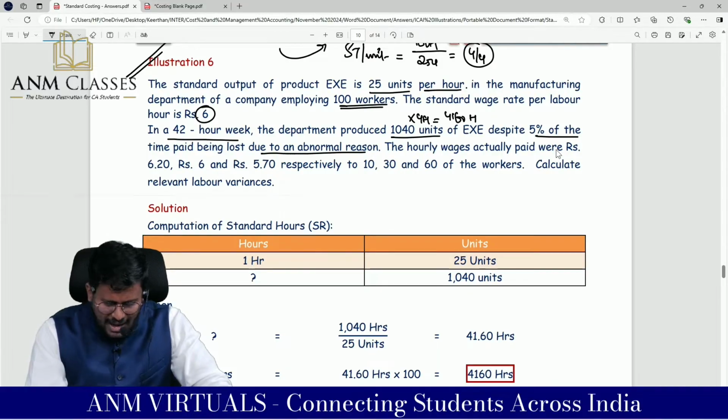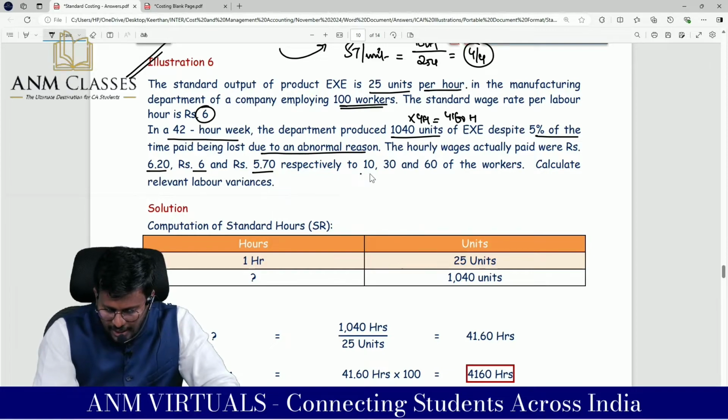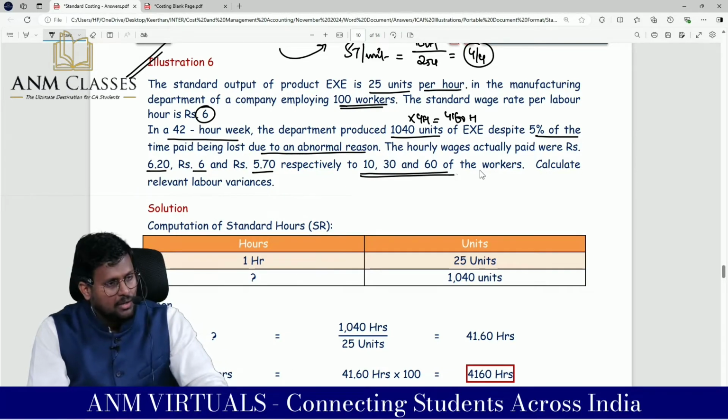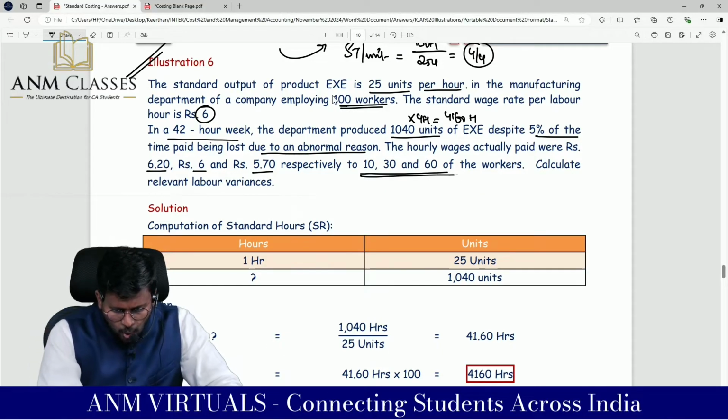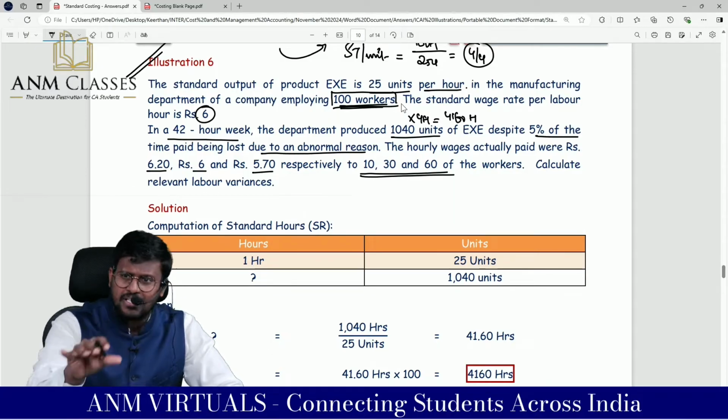The hourly actual rates paid were 6.2, 6, 5.72, with 10, 30 and 60 workers in the first one. 10 plus 30 is 40, plus 60. Total how many workers? So they have given the actual mix.